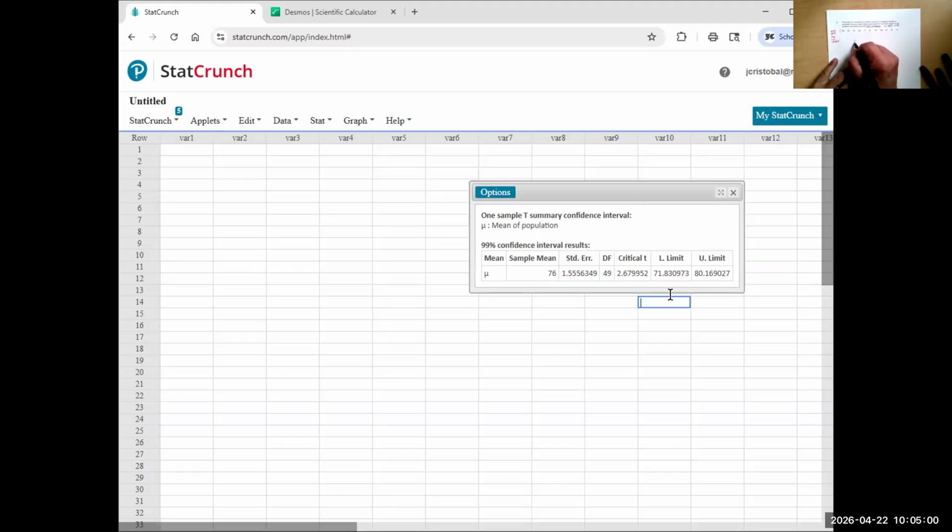Okay? But on StatCrunch, if we have that raw data, what we can do, first up, input that data into a column.